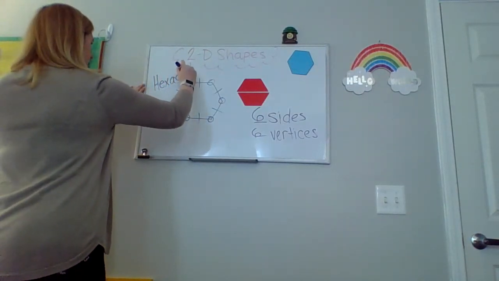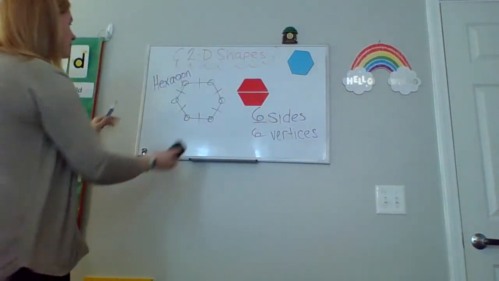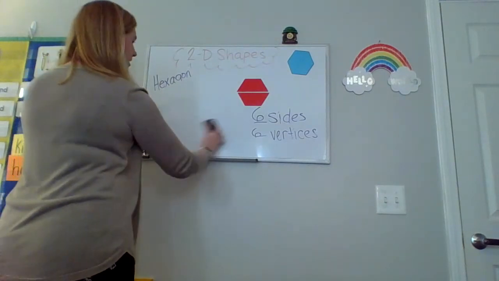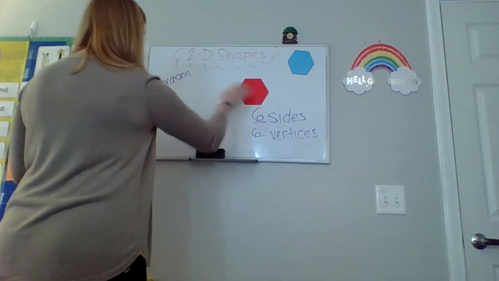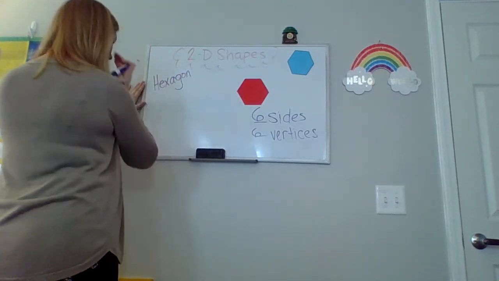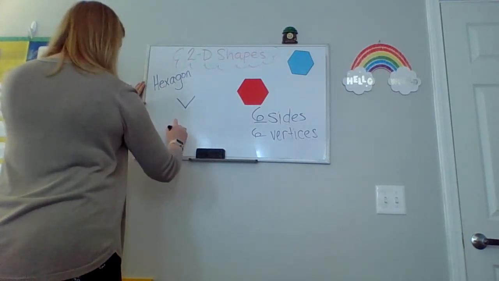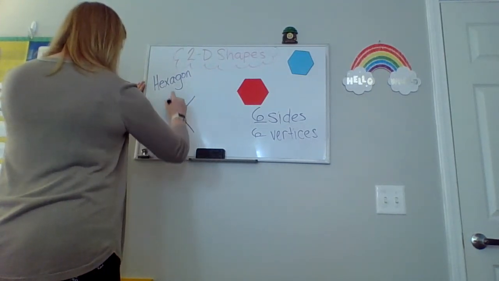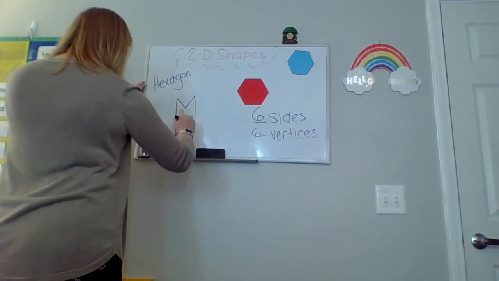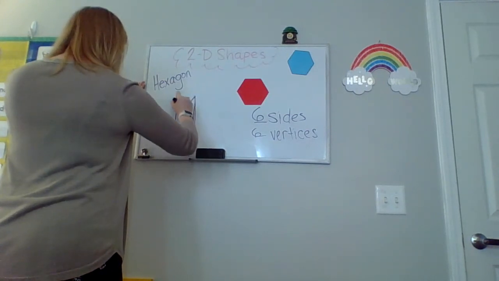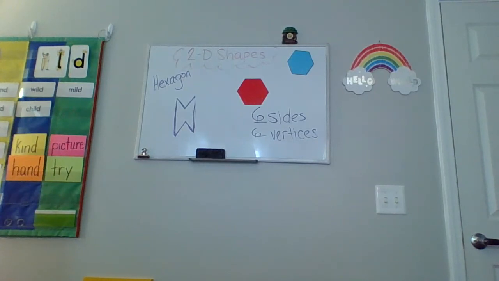Hexagon. Right. Now, let me pick up my eraser. This is a hexagon. A hexagon has 6 sides, 6 vertices. Is that a hexagon?